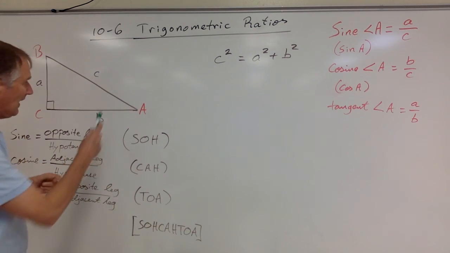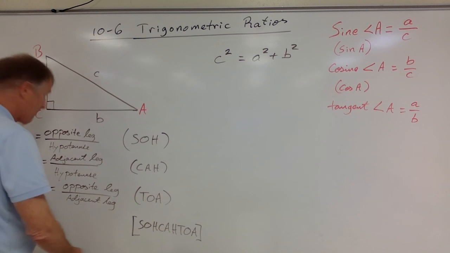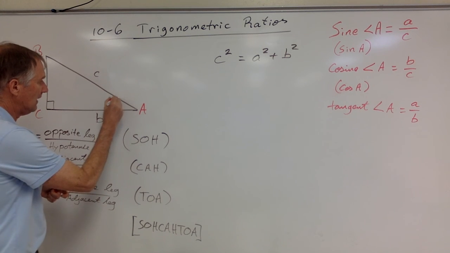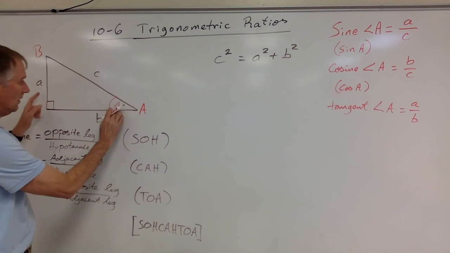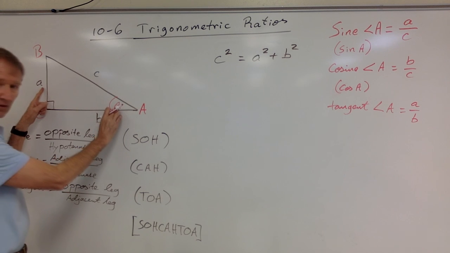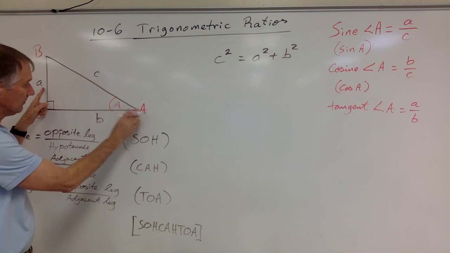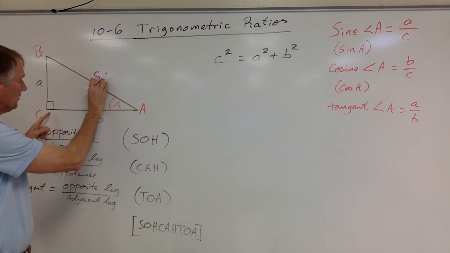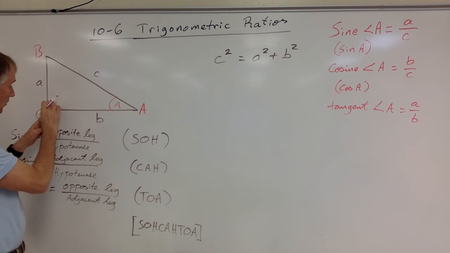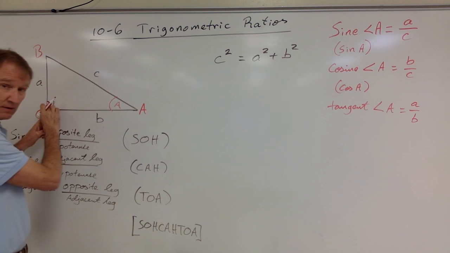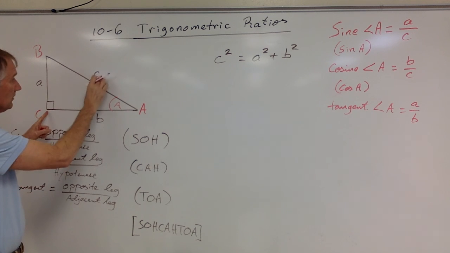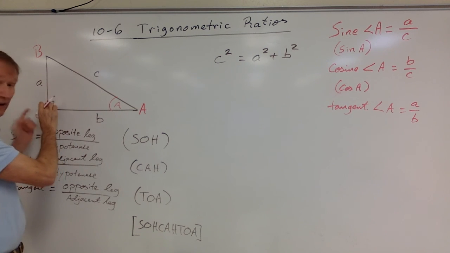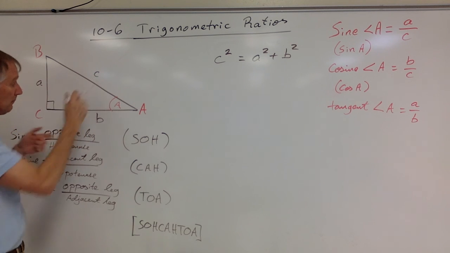And so angle A is the angle opposite its length. That's this A. Angle C is the right angle. We're only doing right triangle trigonometry. So angle C is the right angle, 90 degrees, which is opposite the hypotenuse.